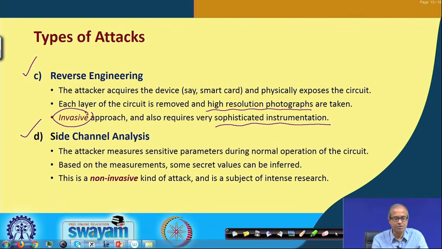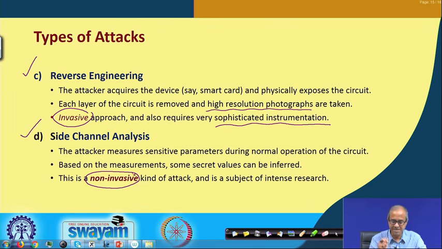The last one we talk about is called side channel analysis. This is relatively new, and a very interesting technique. Side channel analysis is also non-invasive, we are not damaging the device. What we are doing? We are saying let the device operate, we are watching the device from outside and we are doing some measurement.